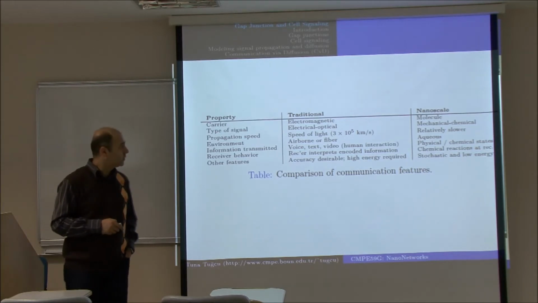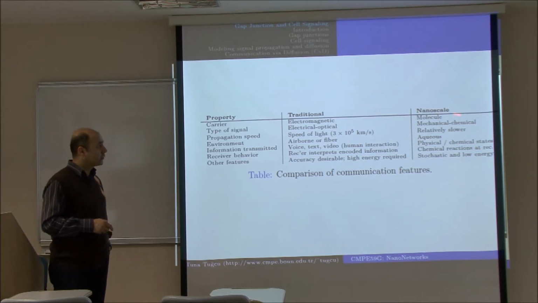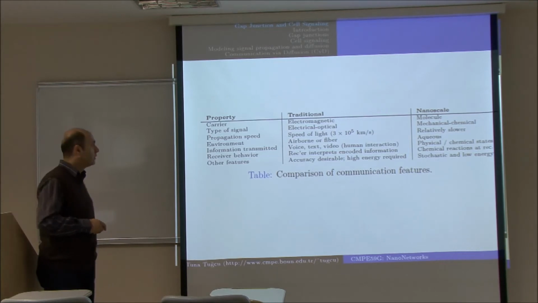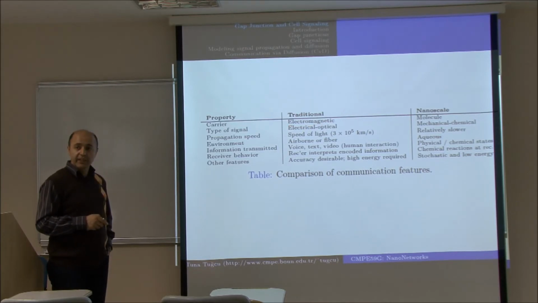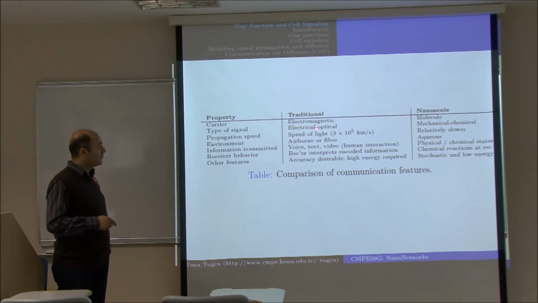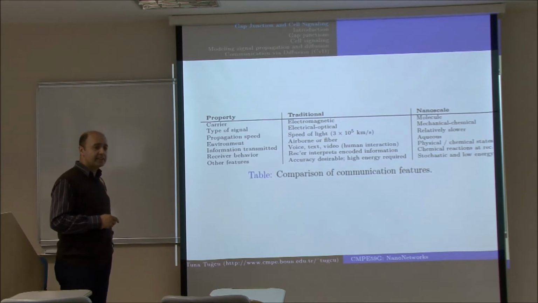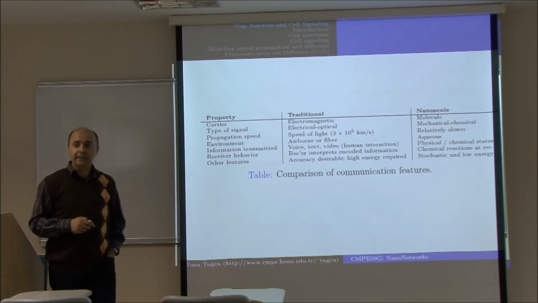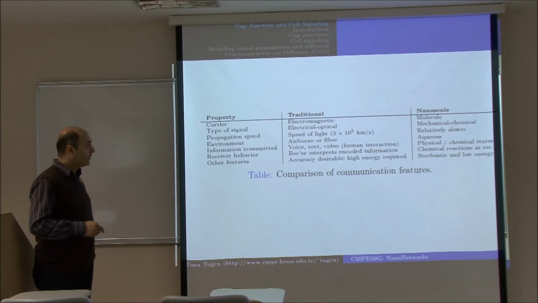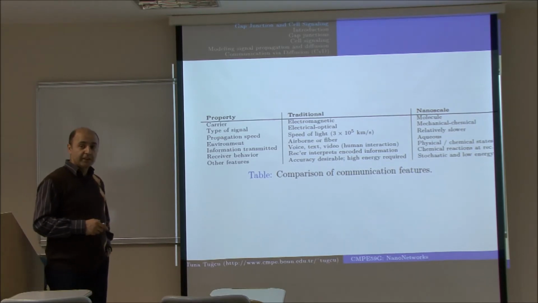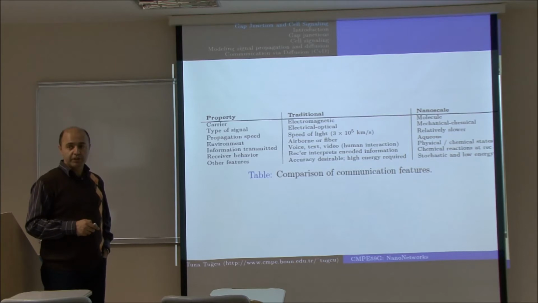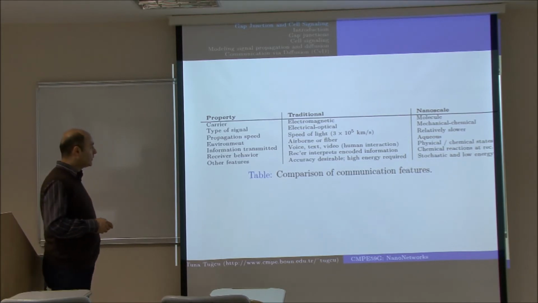In nanoscale networks, mechanical or chemical signals are used. Since we are using electromagnetic waves in the traditional networks, we are working at speeds close to the speed of light, whereas in nanoscale we're talking about speeds that are much slower compared to electromagnetic signals.